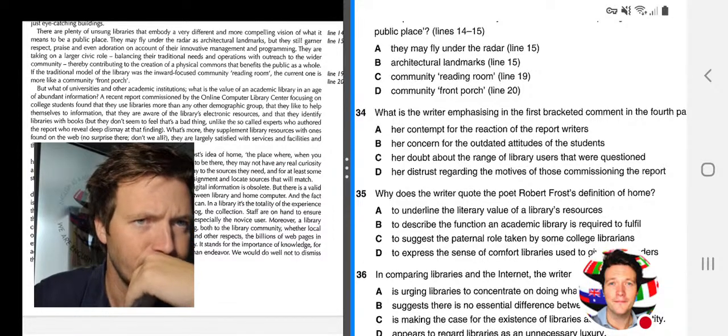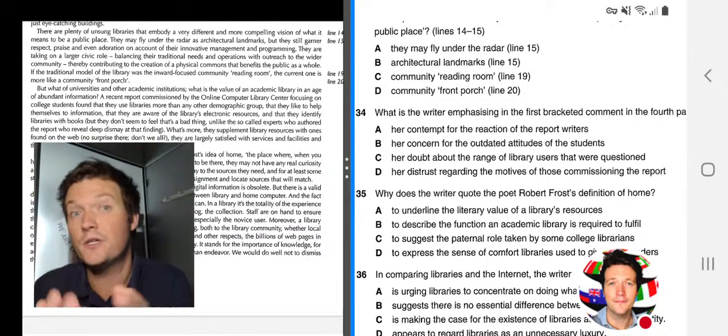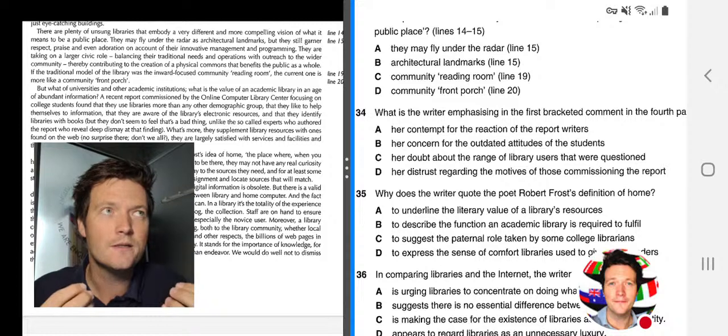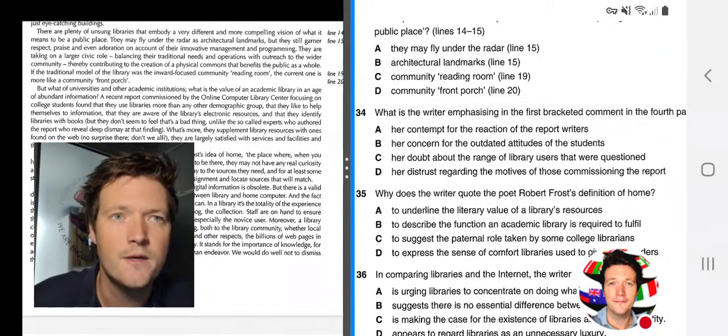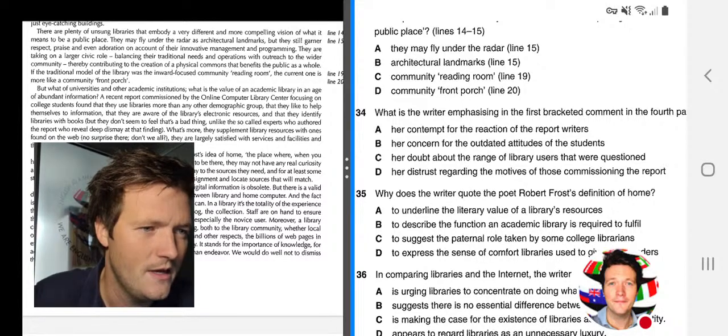And D, her distrust regarding the motives of those commissioning the report. I don't think she's questioning their motives. She's questioning their conclusions. So I think in 34, it's definitely A.